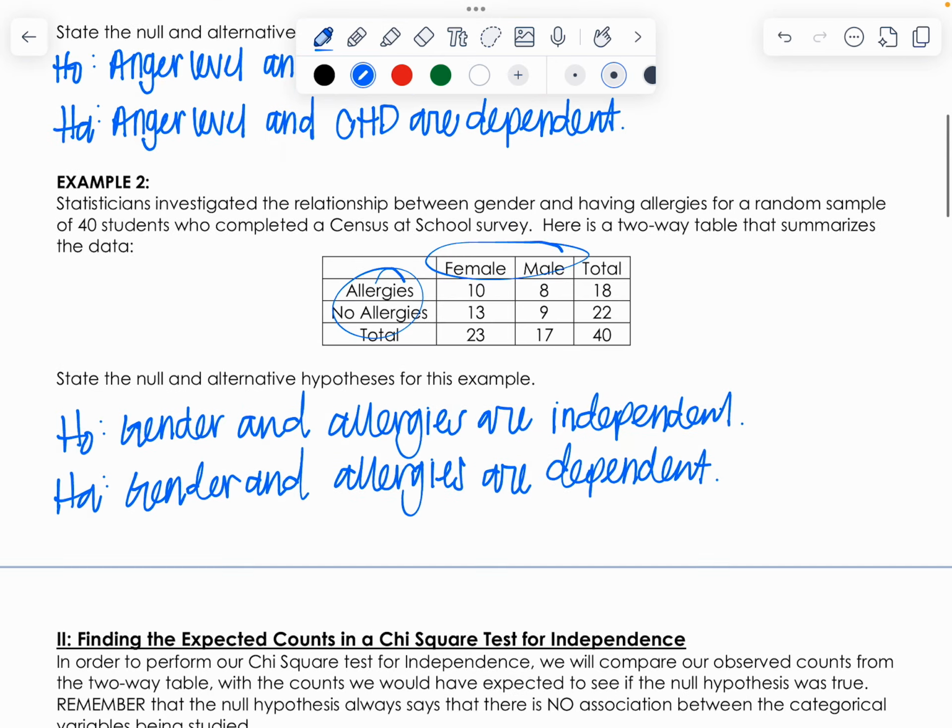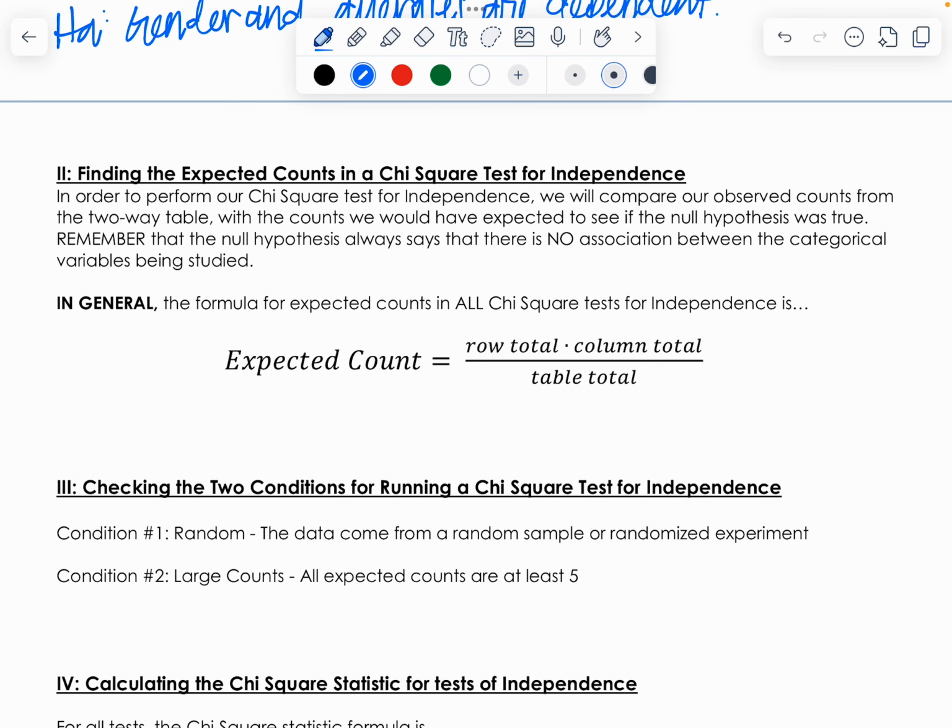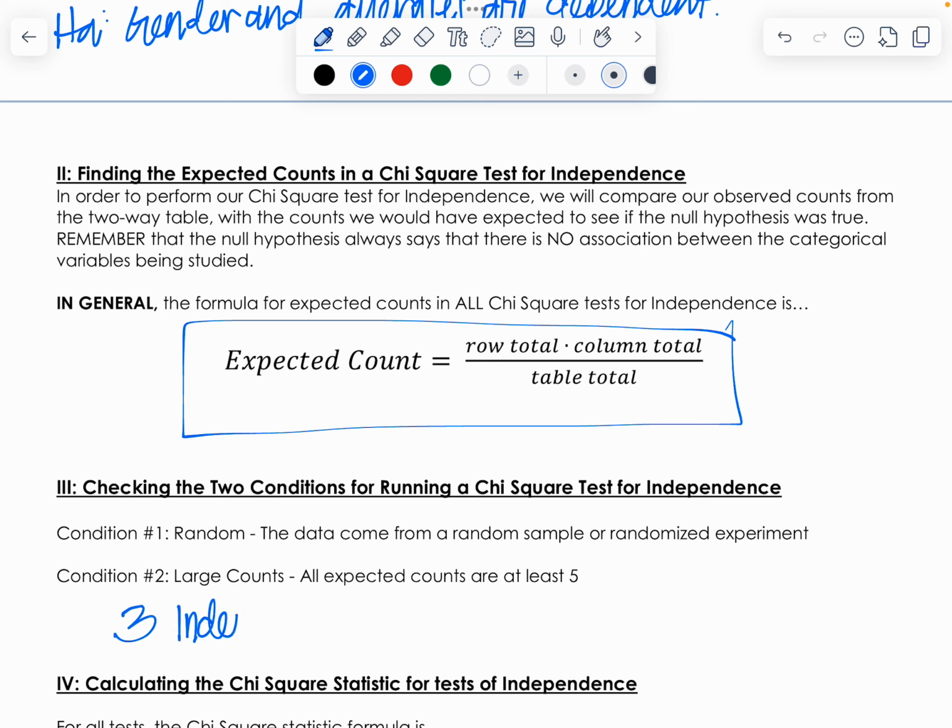Okay, moving on. Finding those expected counts is identical to homogeneity because we still have a two-way table. So we do this: row total times column total divided by table total. We have three conditions. The third one is independent, which we know. All three of them, random, large counts, independent, easy peasy.